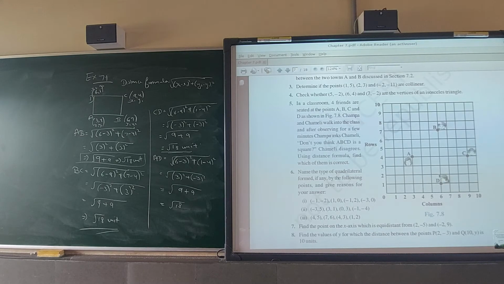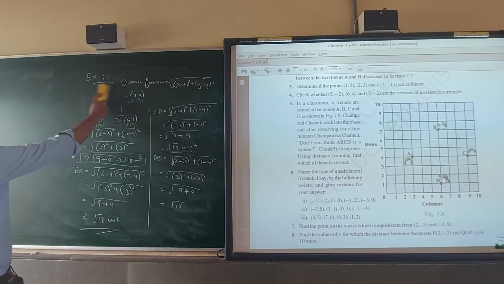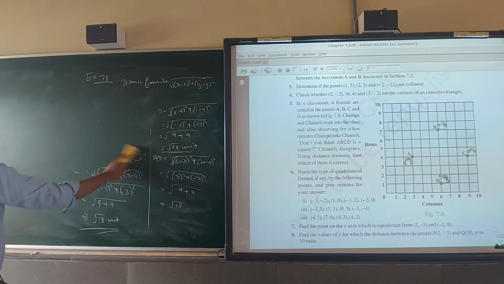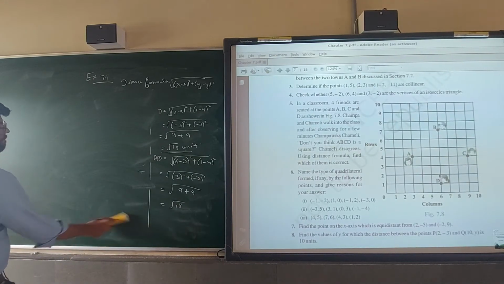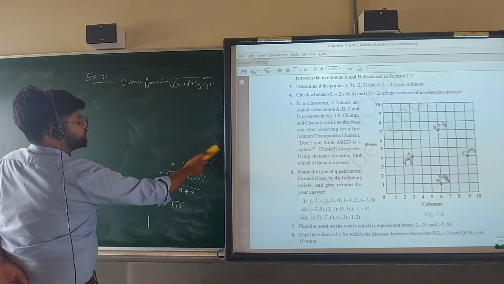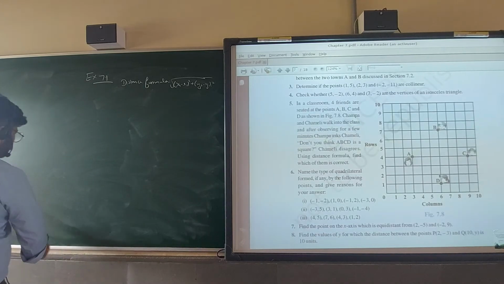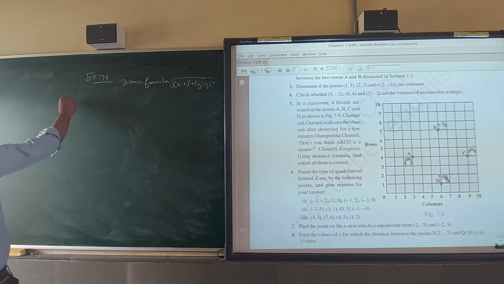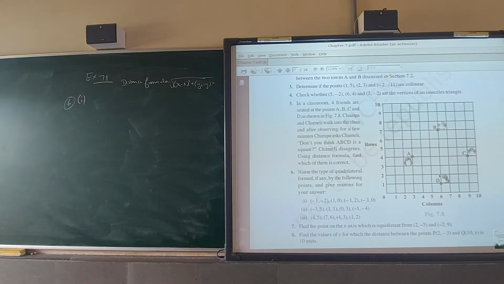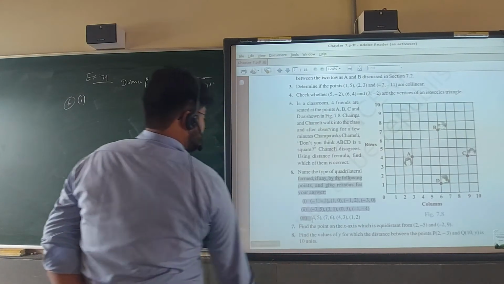Now, sixth question. Question number 6: Name the type of quadrilateral formed by any of the following points and give reason for your answer.